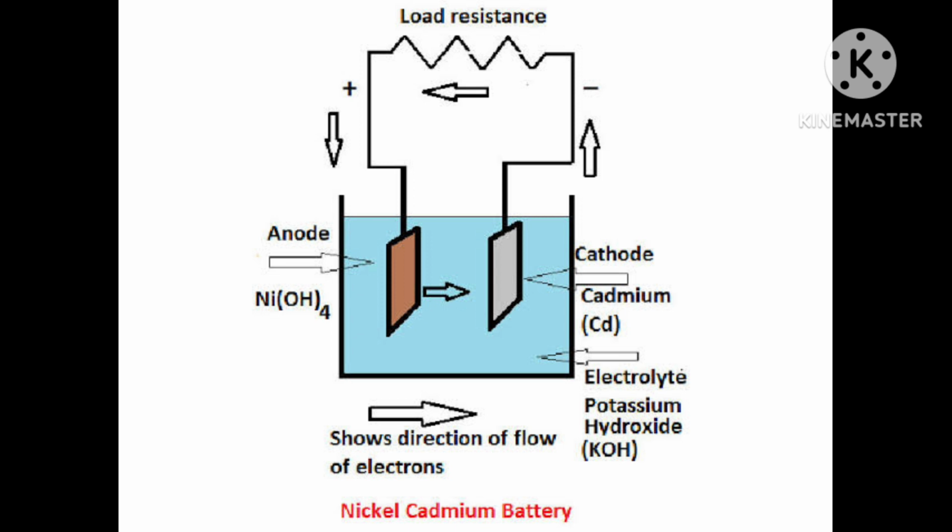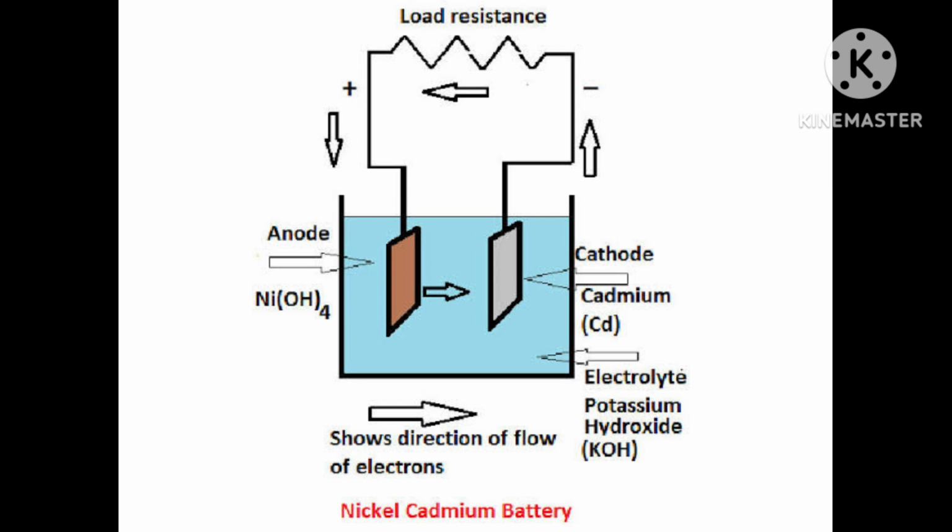In the discharging time, the use time, there is a product, and in charging time it reverses: the product now became reactant, and the reactant became product. So during charging, the above reaction is reversed.